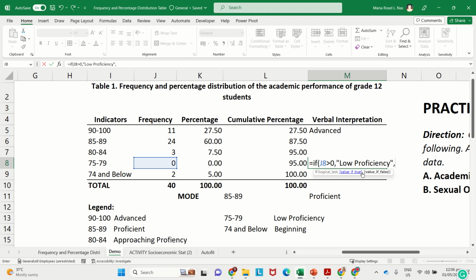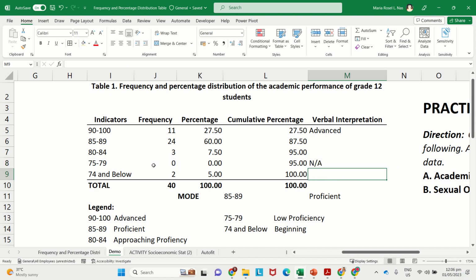If it is not greater than 0, or if it is equal to 0, then the return value should be NA, or not applicable. So since in our table 75 to 79 is equal to 0, therefore the return value for the verbal interpretation is NA.